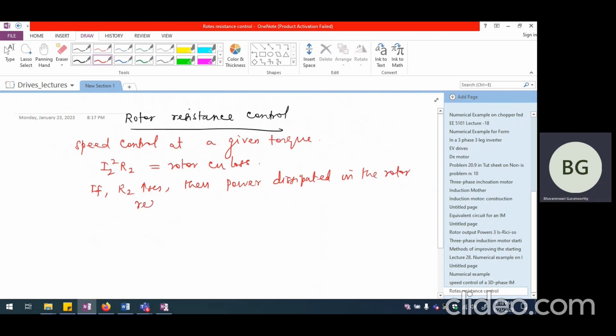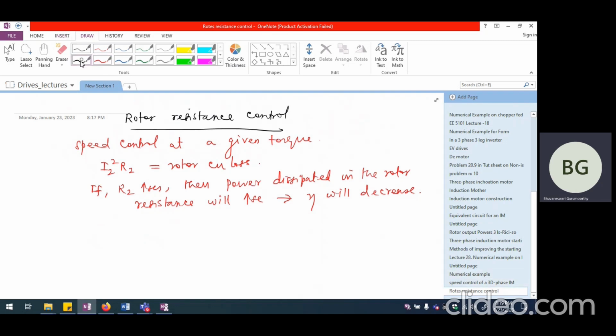That means the efficiency will decrease. So this is definitely not an efficient method of speed control. However, it is one of the simpler methods. If you don't mind losing some amount of power, this is one of the easiest methods of speed control.